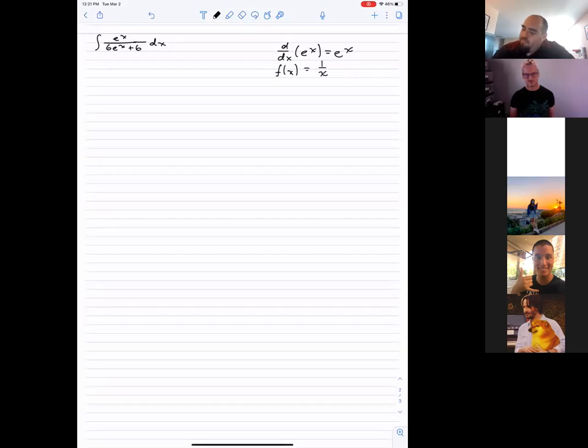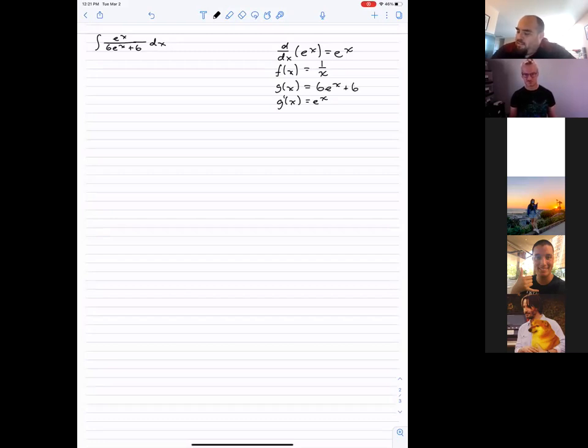And then g prime of x would be e to the x. And then g of x would just be the denominator.